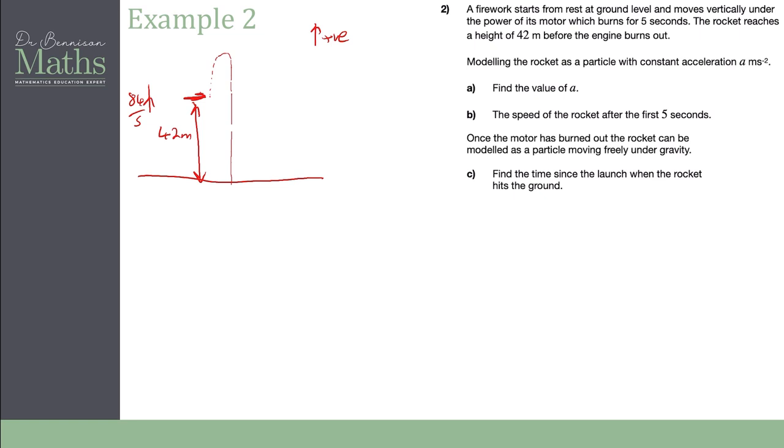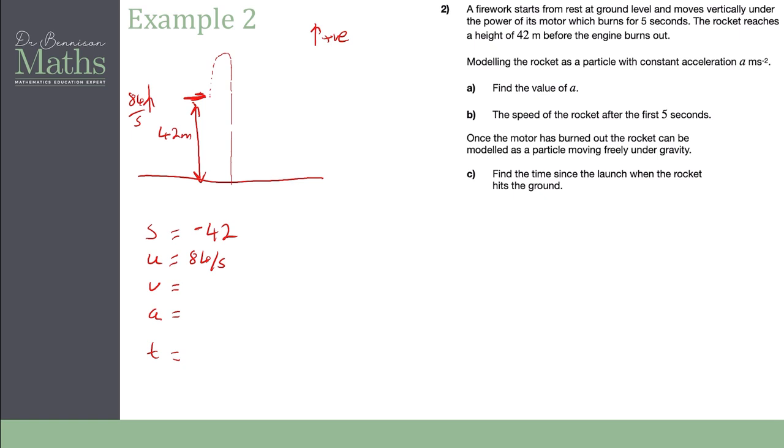So if I set up my Suvat equations, I want to know how long it takes till it hits the ground. Well, it starts 42 meters up, so the displacement is minus 42, assuming upwards is positive. U is the 84/5 that I found in part B. V, I don't know.